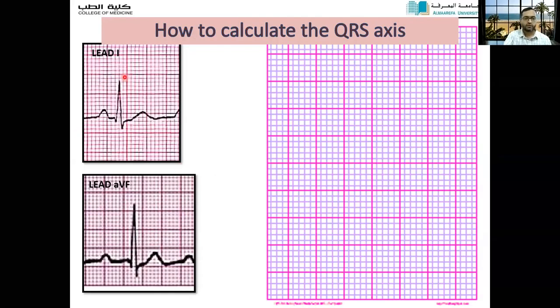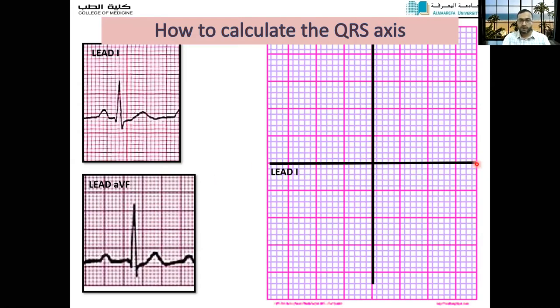So we have lead 1 here and lead AVF. Now draw lead 1 on the graph paper, draw lead AVF on the graph paper. Now, as I told you before, everything below is positive values, everything above is negative values for AVF.